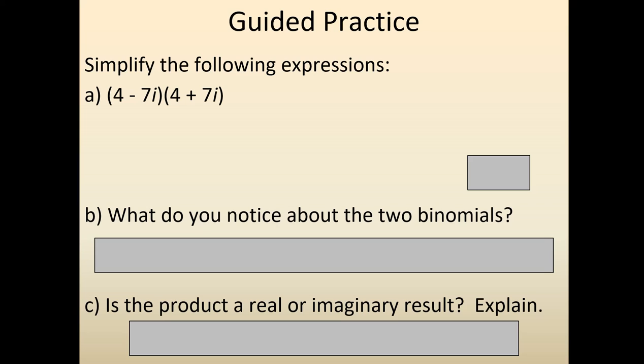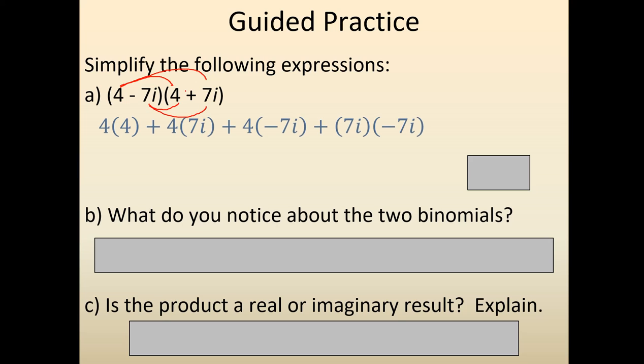All right, so what we're going to do is distribute. Again, we're going to take the 4 term in the left parentheses and distribute it to the 4 and the 7i on the other side. Then we're going to take the minus 7i and distribute it to the 4 and the 7i. So we get this.